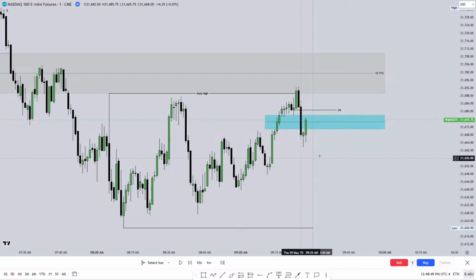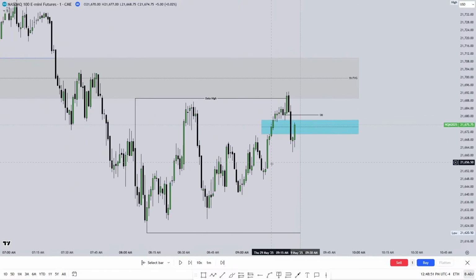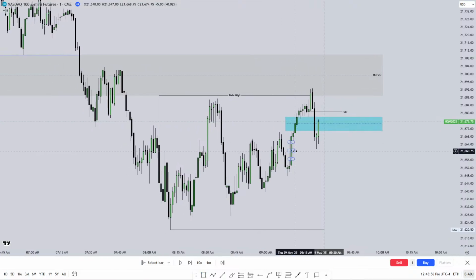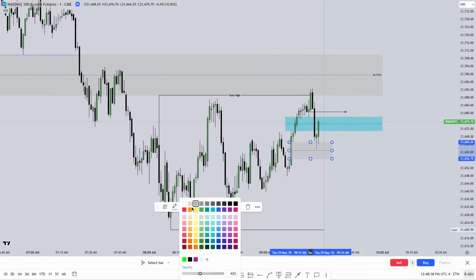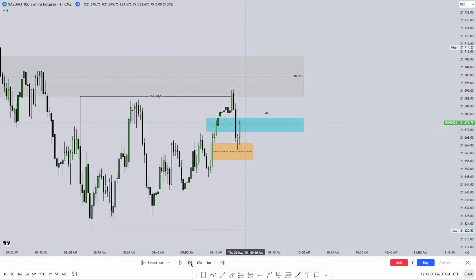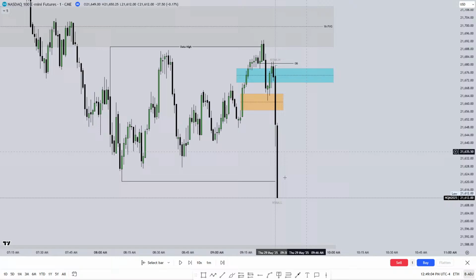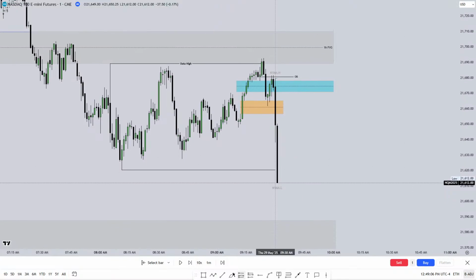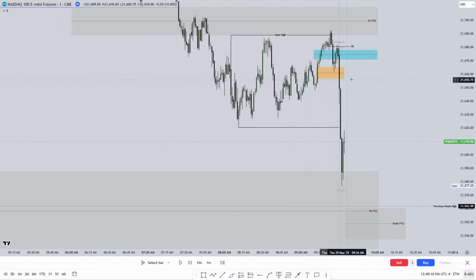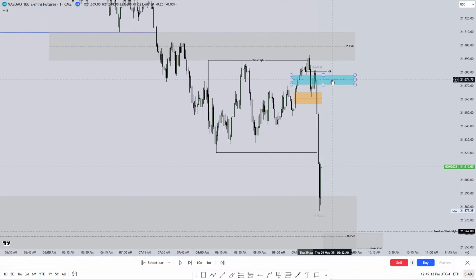And then anticipate that this is going to be inversion, and then look for lower. Taps that order block and then just has a really fast move. And where do we reach? That hourly.